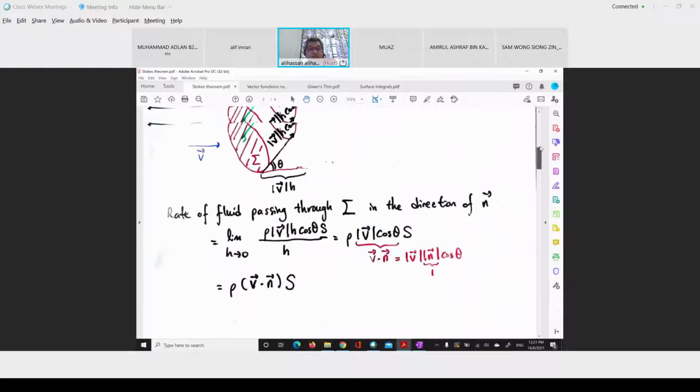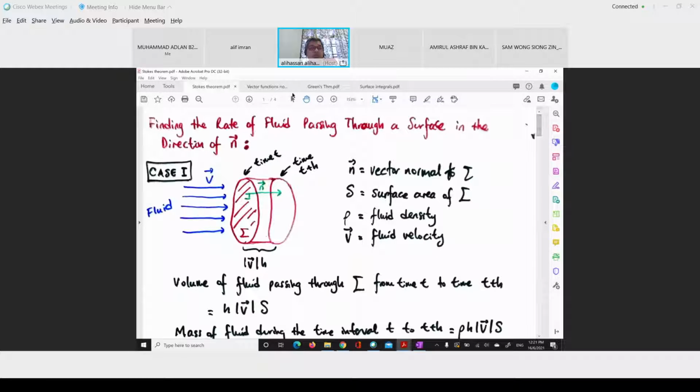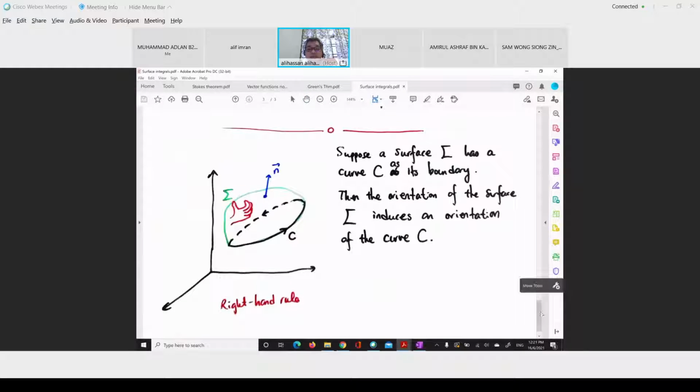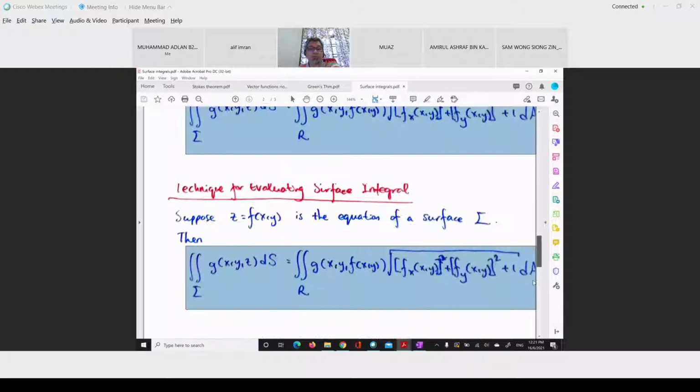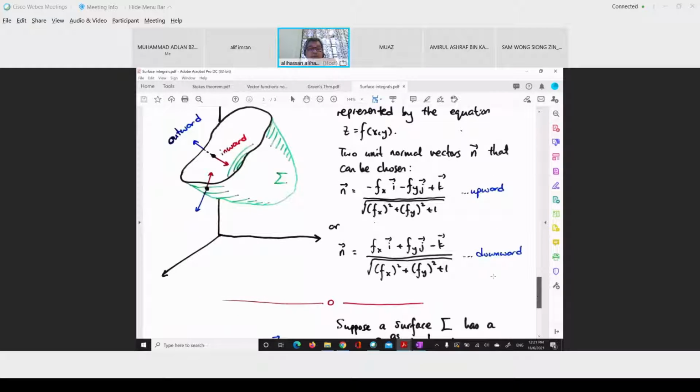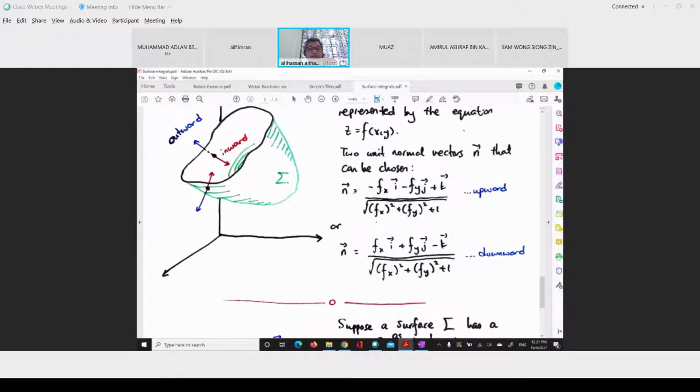Where did I discuss that? Here. Okay. This is the normal vector in the upward direction, and the one below is the normal vector in the downward direction.